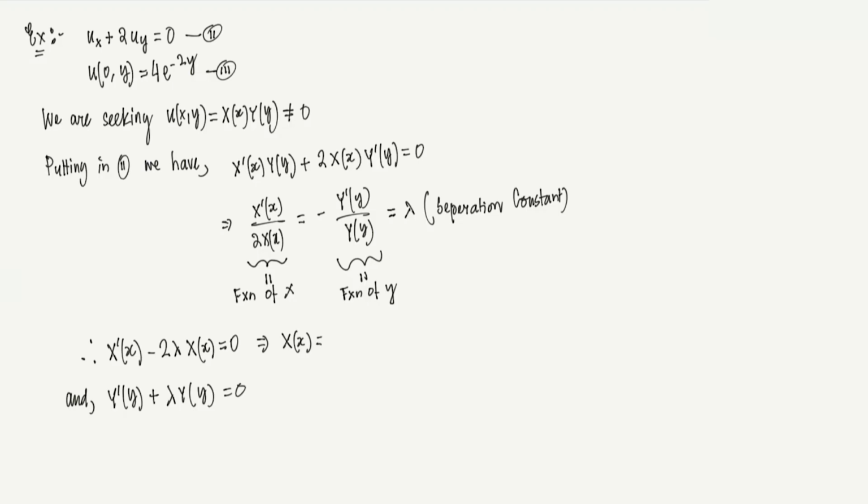X of x, if we solve it, is a constant times e power 2 lambda x. And similarly Y of y is a constant times e power minus lambda y. A and b are arbitrary constants. We can find out what a and b are because we still did not use our initial data.